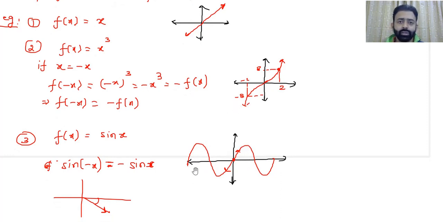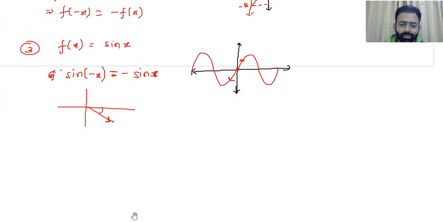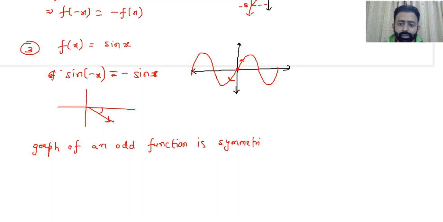But we won't say that it is symmetrical in the first and third quadrants; it is not a correct mathematical statement. So we will say that the graph of an odd function is symmetrical about the origin.